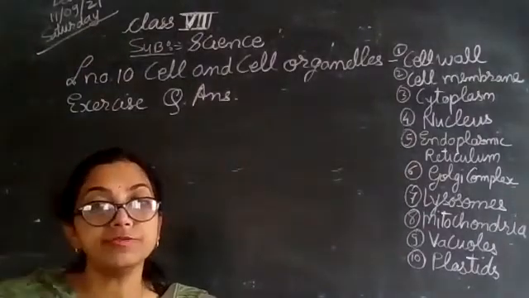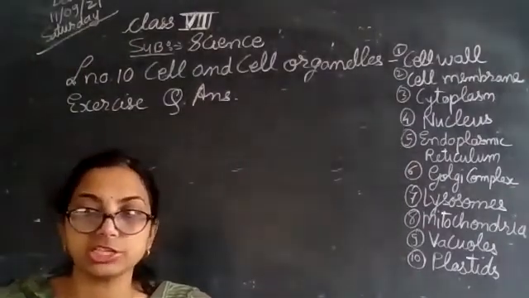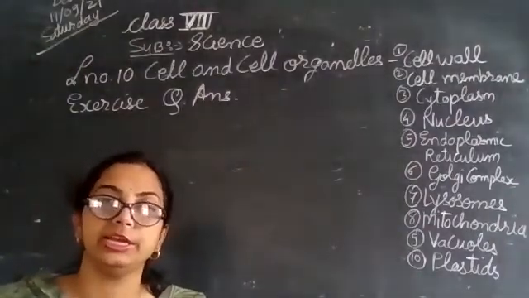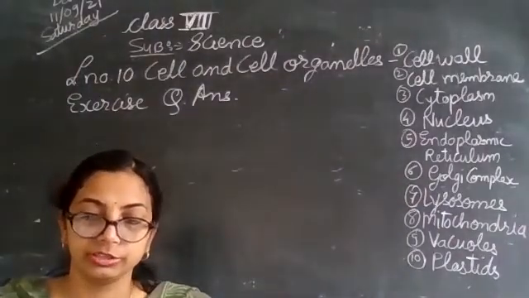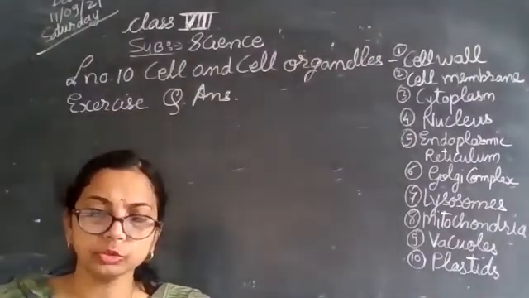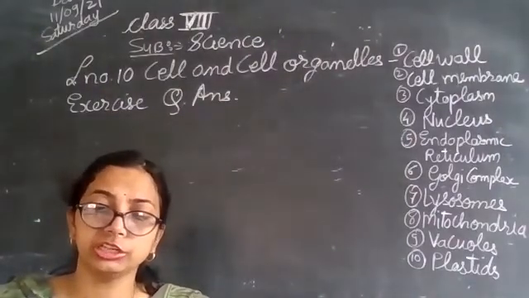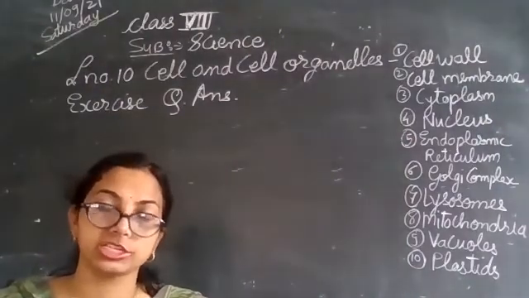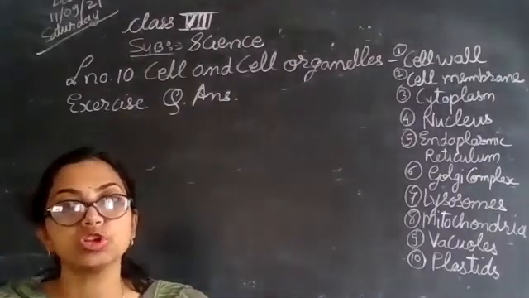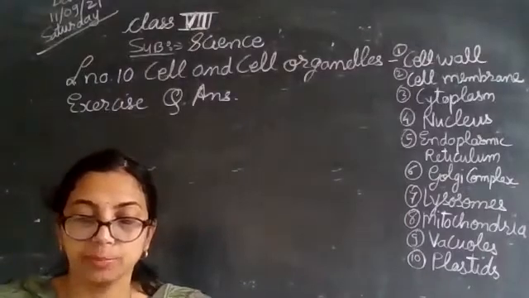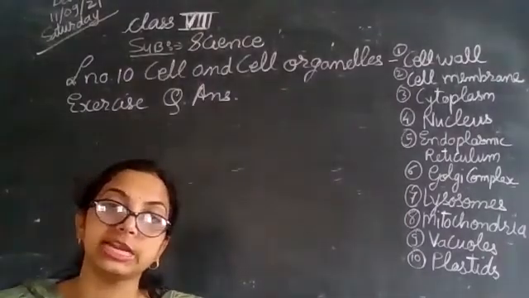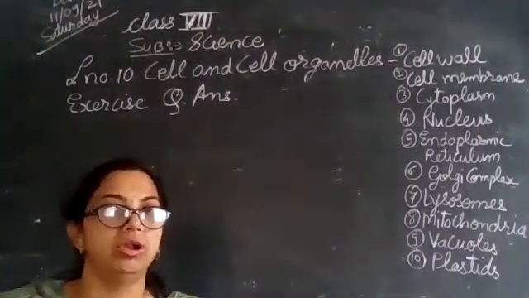Even if there is an unfavorable condition outside the cell, it will maintain its balance inside the cell. There will be no change in the cell environment inside, that is homeostasis. So to maintain homeostasis, the plasma membrane needs to be selectively permeable.